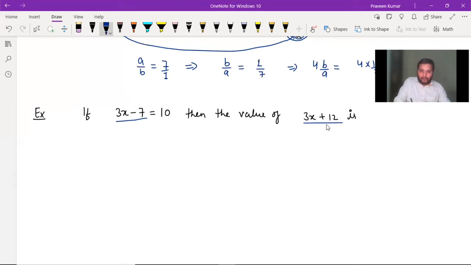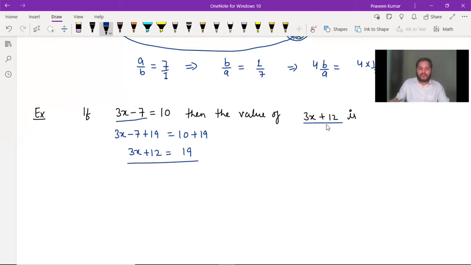First of all, we have to remove this minus 7, so we need to add 7 on both sides. Then we have to create plus 12 on both sides. So 7 plus 12 is 19. So directly we can add 19 on both sides. It will become 3x minus 7 plus 19 is equal to 10 plus 19, which becomes 3x plus 12 is equal to 19. Is that okay?